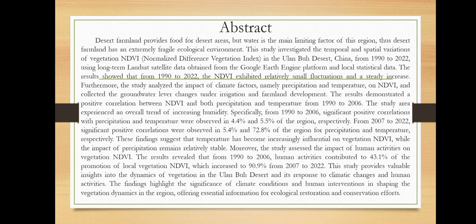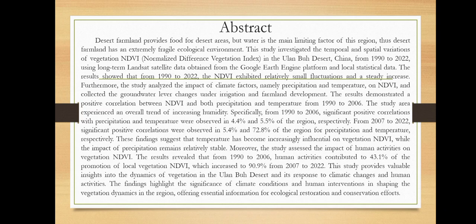This study investigates the temporal and spatial variations of vegetation, or NDVI, the normalized difference vegetation index, in the Ulan-Bu Desert, China from 1990 to 2022 using long-term Landsat satellite data obtained from the Google Earth Engine platform and local statistical data.